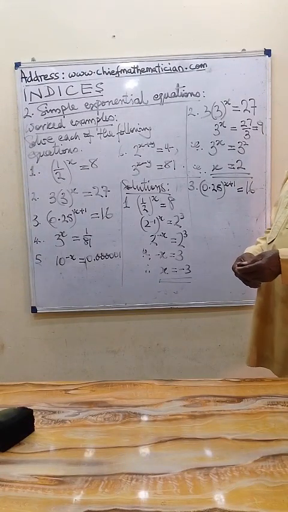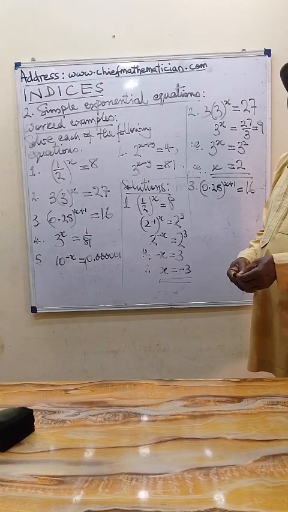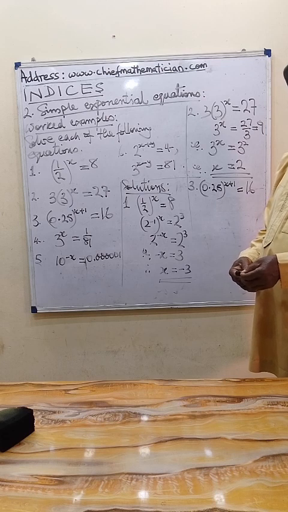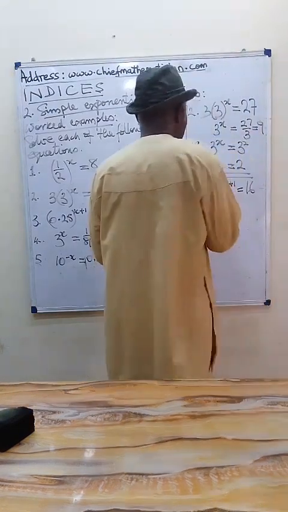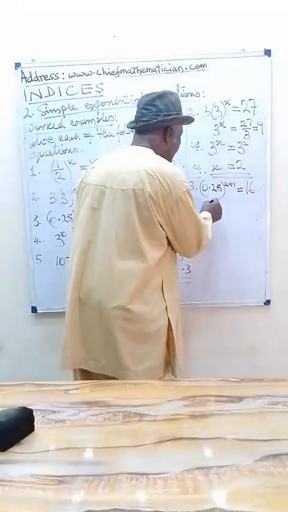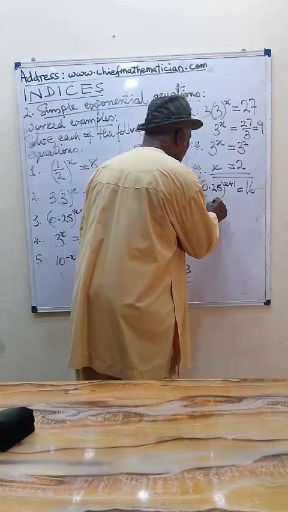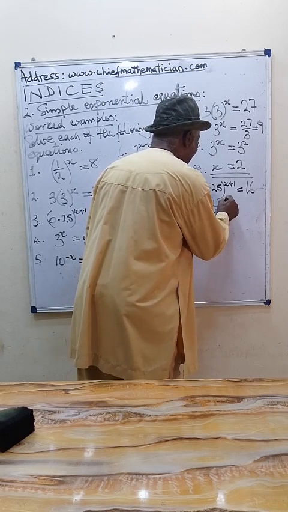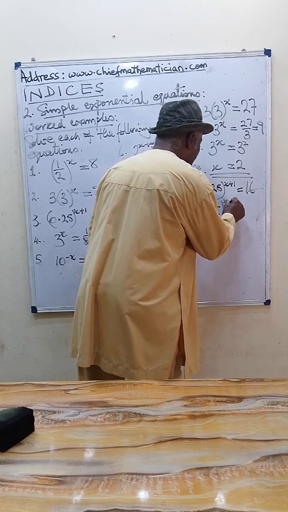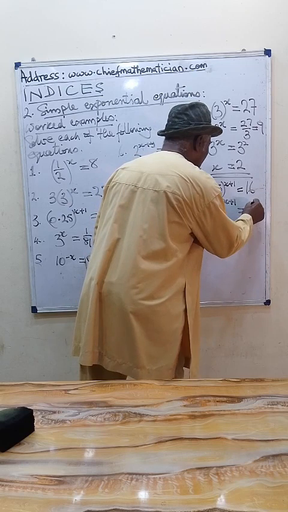1 over 4, you will get 0.25. So this thing is the same thing as 1 over 4 raised to power x plus 1 is equal to 16.